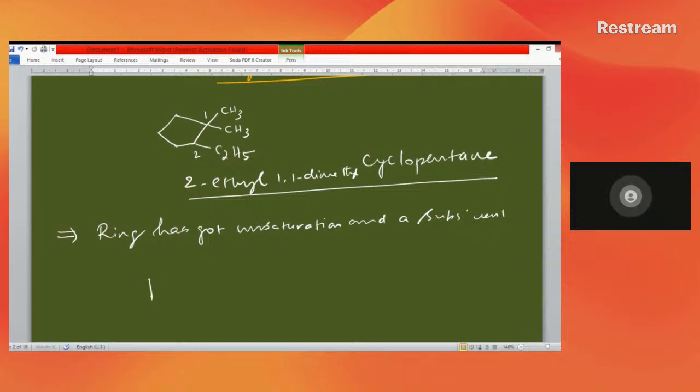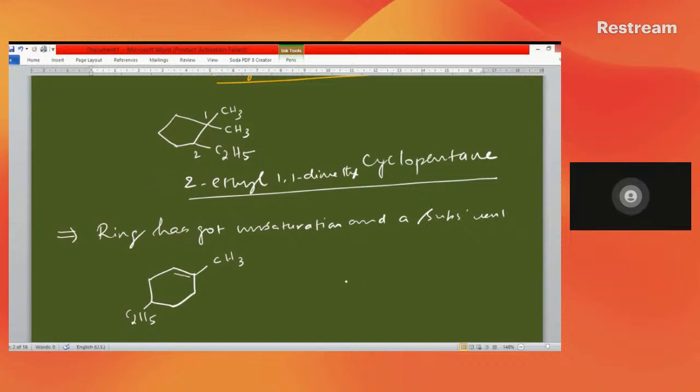You consider this particular substance, you know it is a cyclohexane. If there is a double bond, you can call it a cyclohexene. Now I can attach two branches here. One is methyl, the other one is ethyl. Then how do you give the name of this compound?